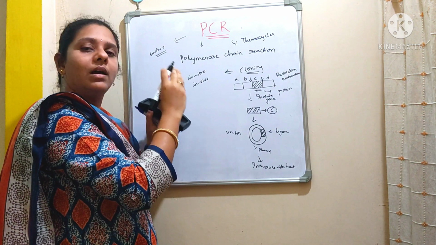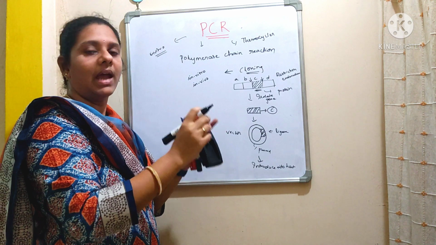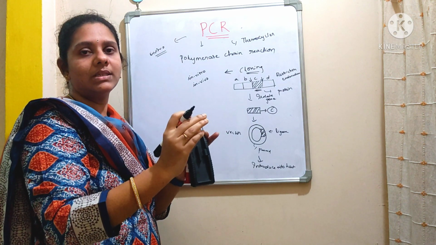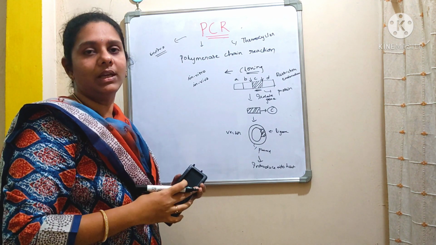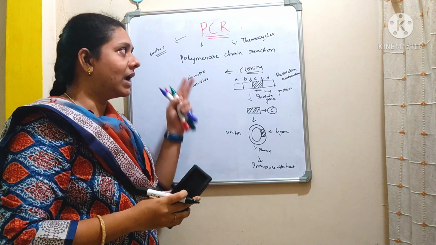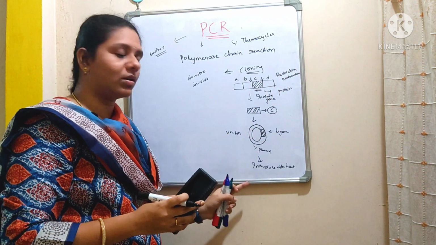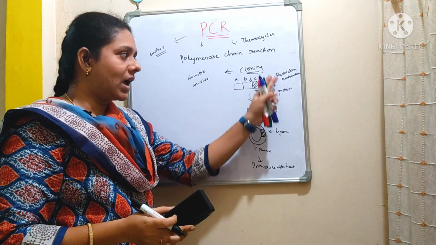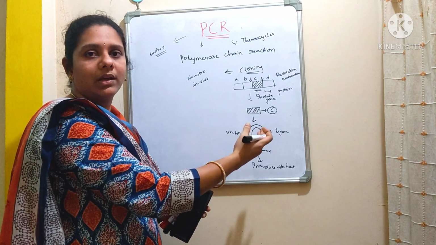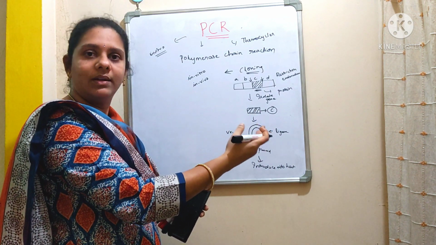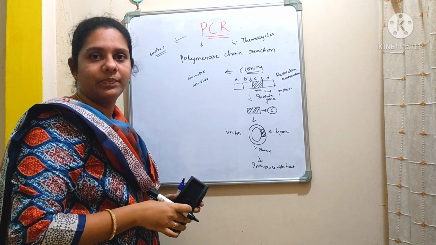Okay, so this is an automated instrument where we need to set up the reaction, and then the DNA synthesis will take place, which finally at the end of 30 cycles gives us billions of copies of the DNA, right? And this PCR doesn't require any restriction endonucleases, ligases or vector, as all these are expensive methods, and moreover it is a time-consuming process which may take around 2 to 3 days, but the PCR can be completed within 15 minutes, right?